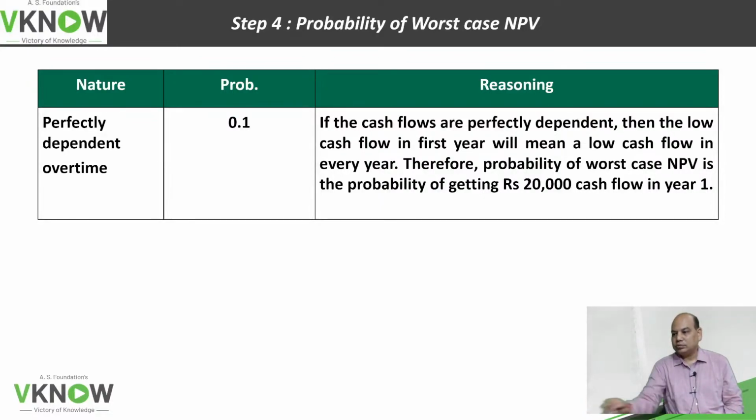Therefore, the probability of getting the worst NPV is the probability of getting 20,000 cash flow in year 1.